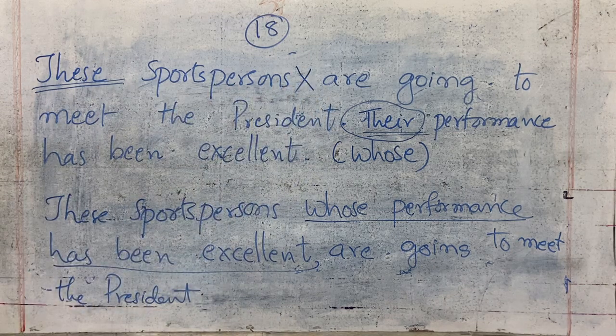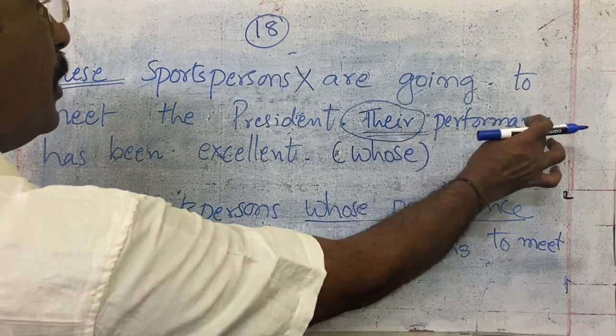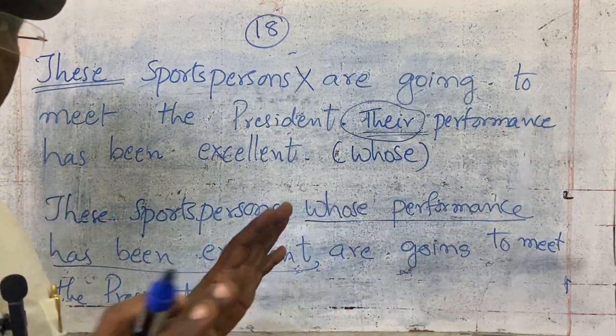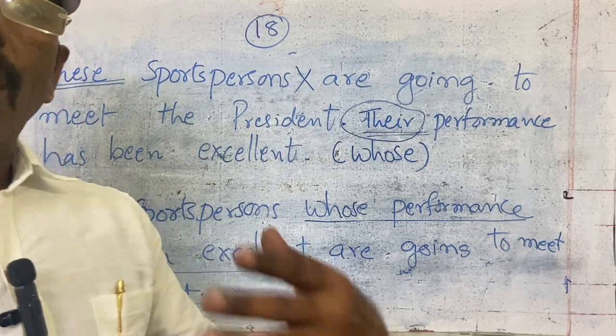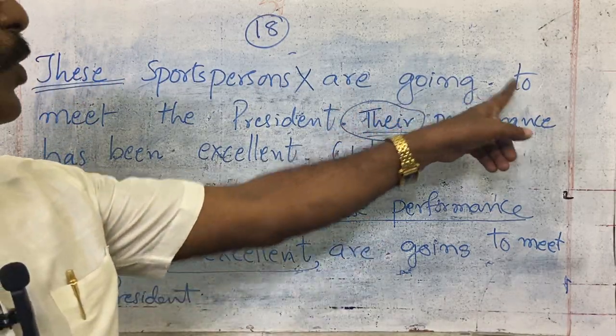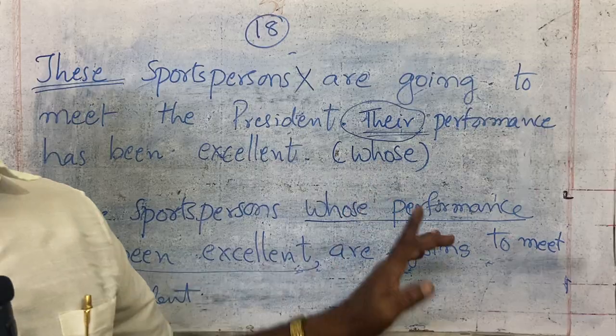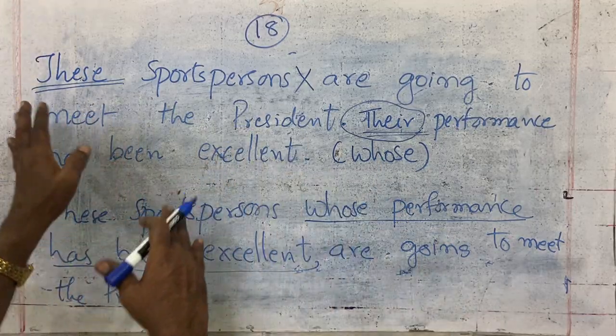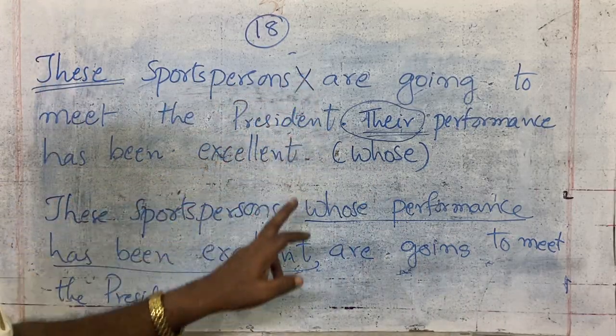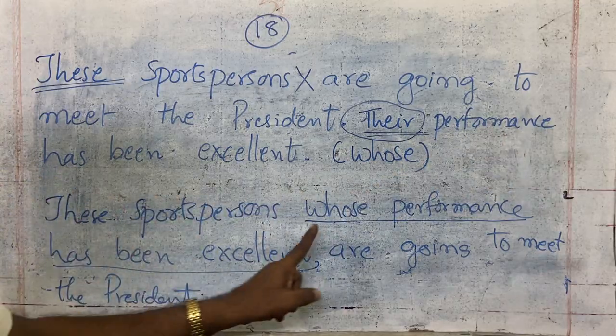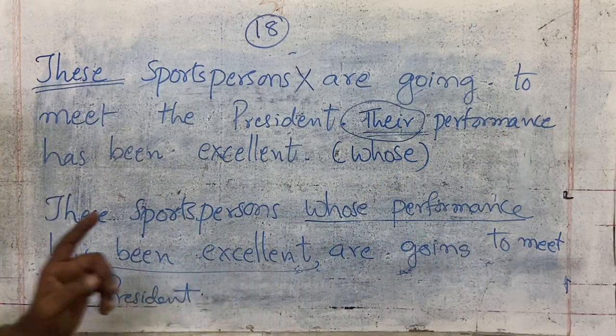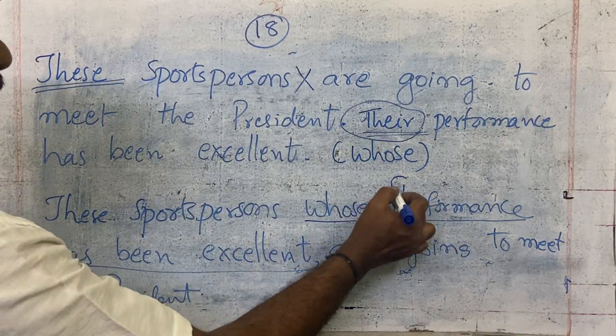And if you are still getting confusion, you see, first their performance has been excellent, that is first. After that only they are going to meet the president. That's why take this first. These four persons whose performance has been excellent, this only you have to take first.